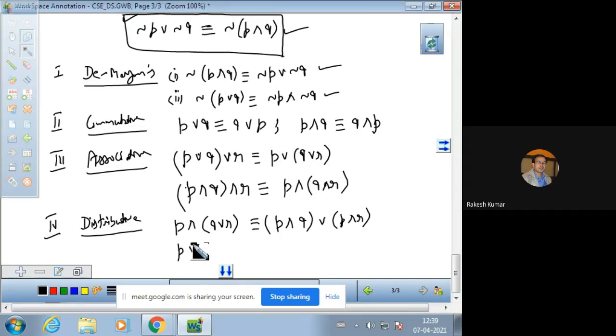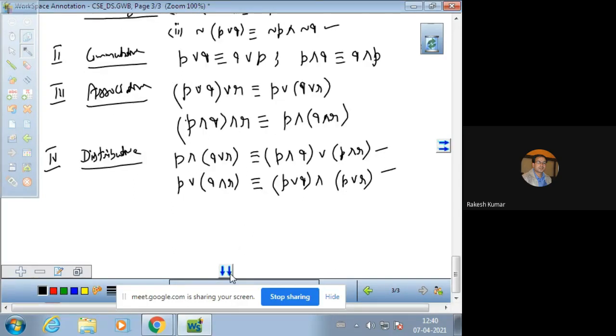Similarly, we shall have P disjunction Q conjunction R, that is equivalent to P disjunction Q, and here is conjunction, P disjunction R. So this is the second distributive law. So you can also easily verify these distributive laws. The fifth one is idempotent.